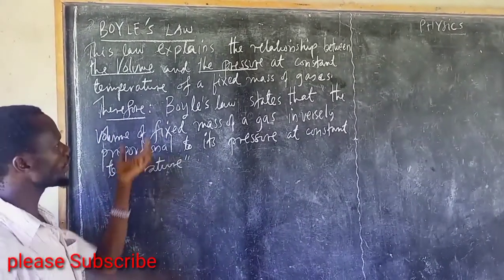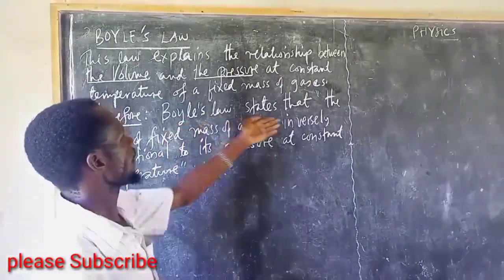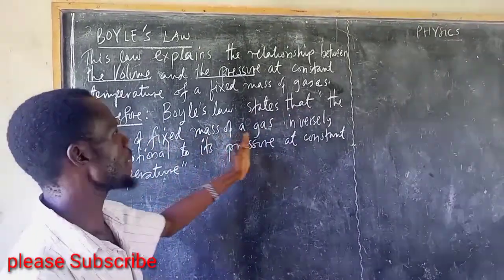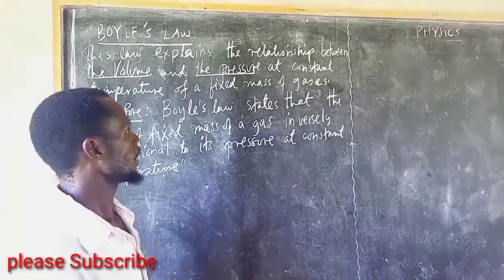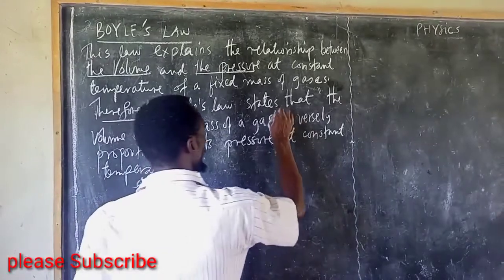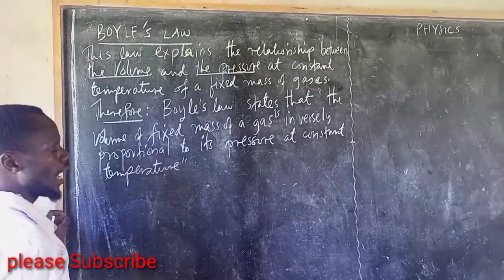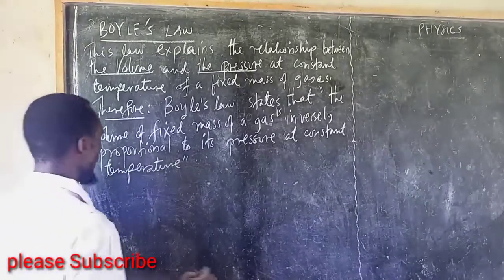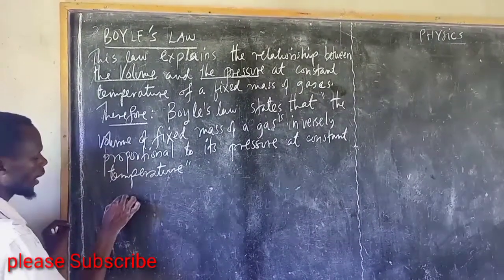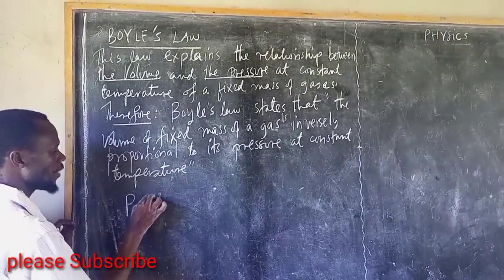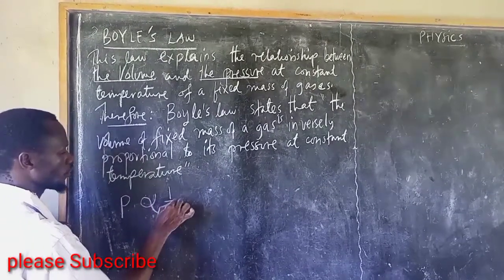And that is why Boyle's law states that the volume of a fixed mass of a gas is inversely proportional to its pressure at constant temperature. Mathematically, pressure is inversely proportional to volume.